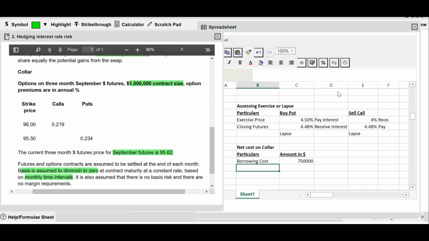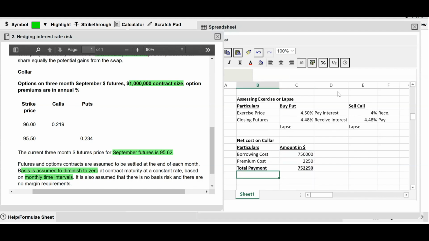750,000. And what is the premium cost that we're going to incur? As far as the premium is concerned, it is going to be 0.234 percentage minus the other one, which is 0.219 percentage into the total 36 million into 5 divided by 12. That turns out to be 2,250, and we get the total payment, which is the sum of these two.